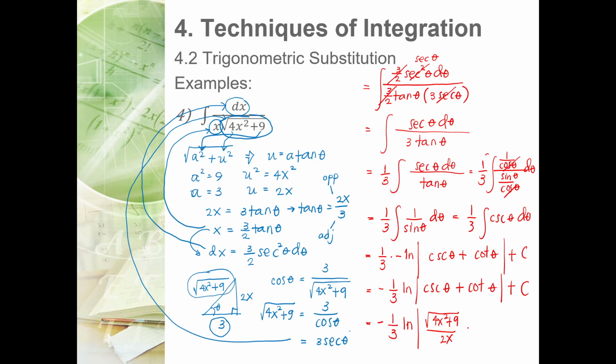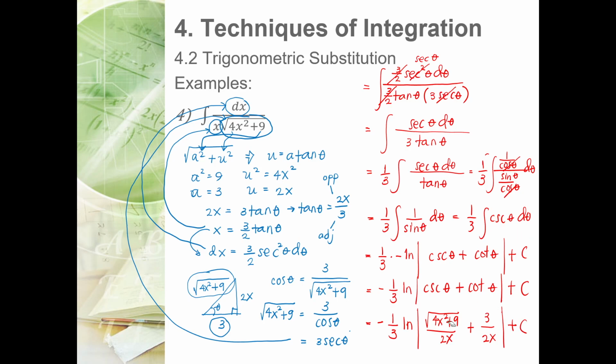And then plus cotangent, that's adjacent over the opposite side, so that's 3 all over 2x plus c.